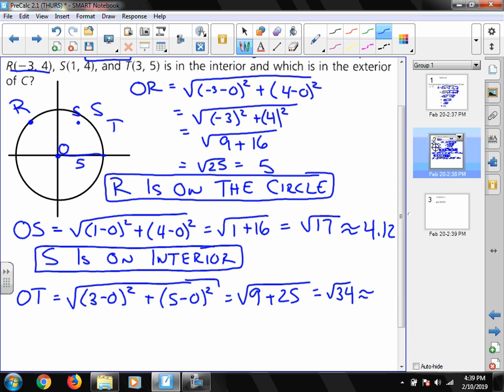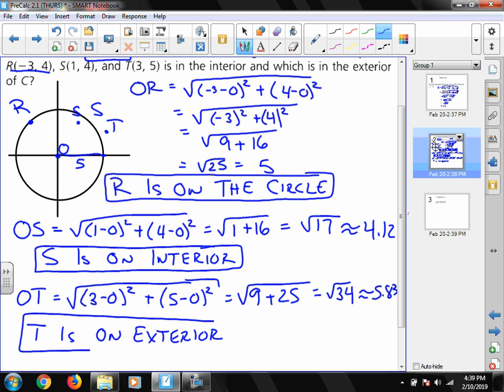So this is going to be approximately 5.83, which means that T, hey, I got 1 out of 3 in the right position, is on the exterior. Okay, it's outside of the circle. So T is on the exterior. And that's what I'm looking for.